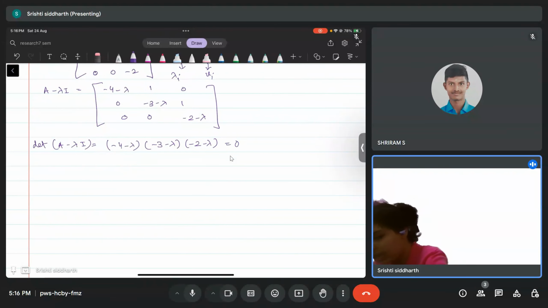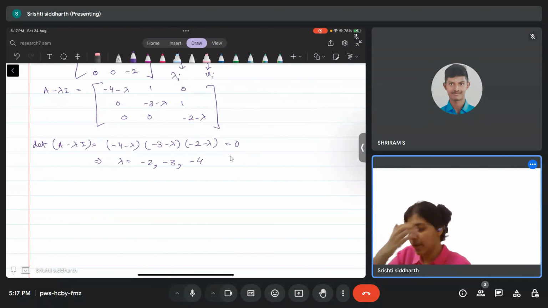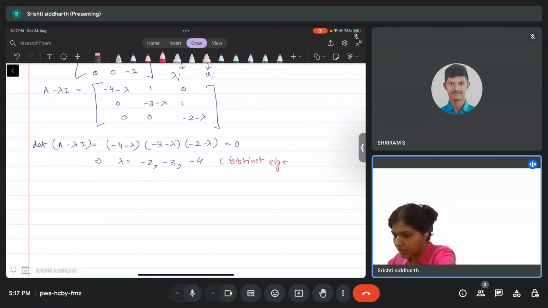Then what are the eigenvalues? It is -2, -3, and -4. Okay, so these are distinct eigenvalues, so we have unique associated eigenvectors. Let's work those out.